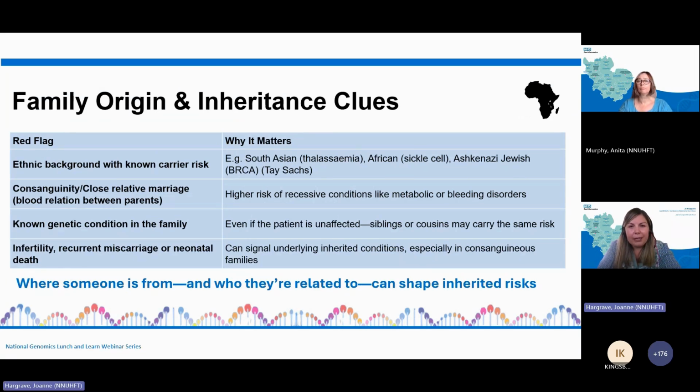When we think about family origin, it can provide clues to genetic predisposition. We know that in some populations, small groups of ancestors lead to a higher frequency of a certain genetic variant, and over generations some groups may also have adapted to their local environment.